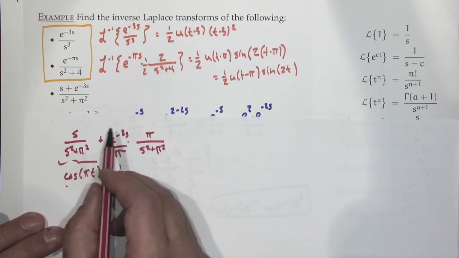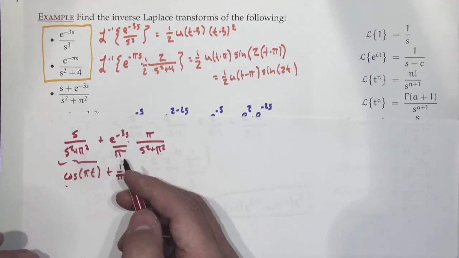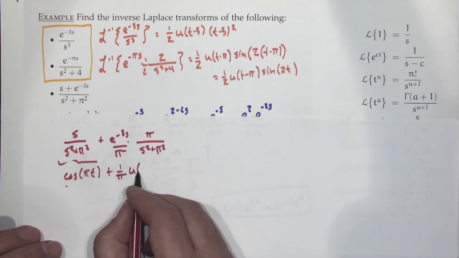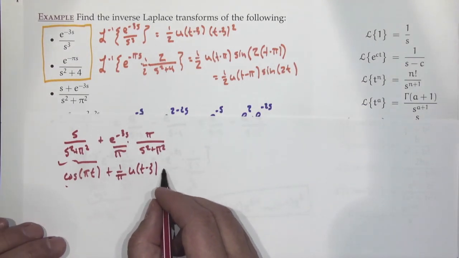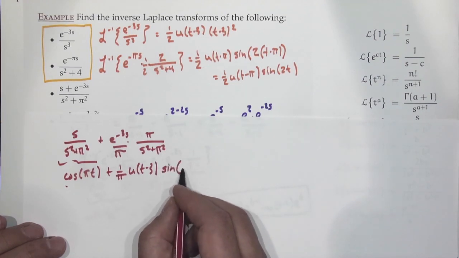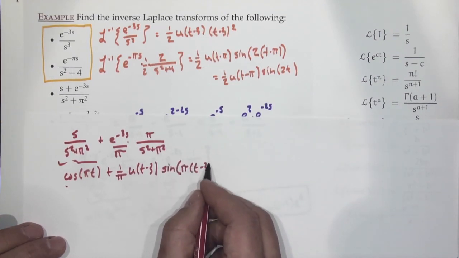Now here we see e to the minus 3s, so we're going to have a shift by 3. And normally pi over s squared plus pi squared does what? Sine pi t. But now because of our shift by 3, it becomes sine of pi times t minus 3.